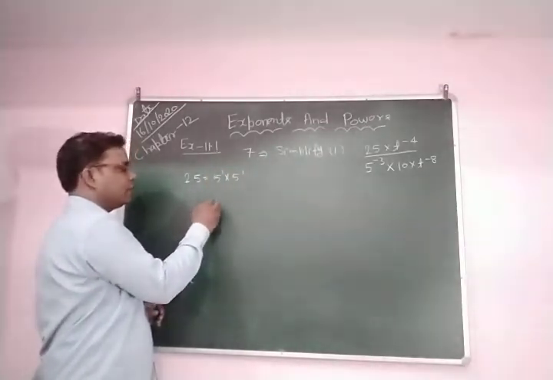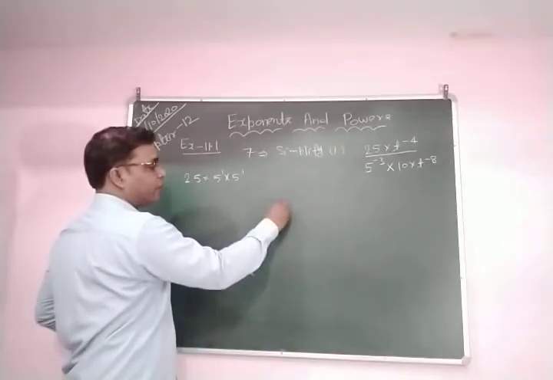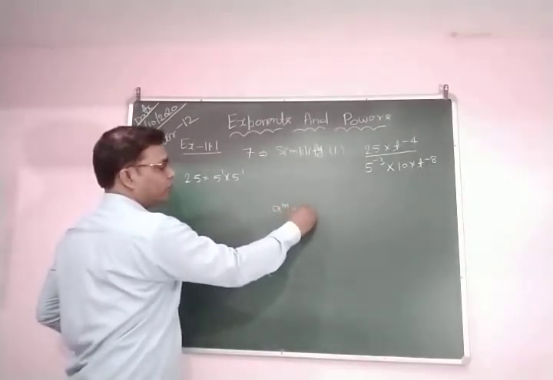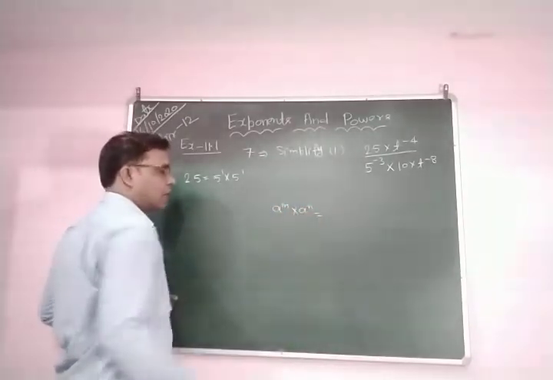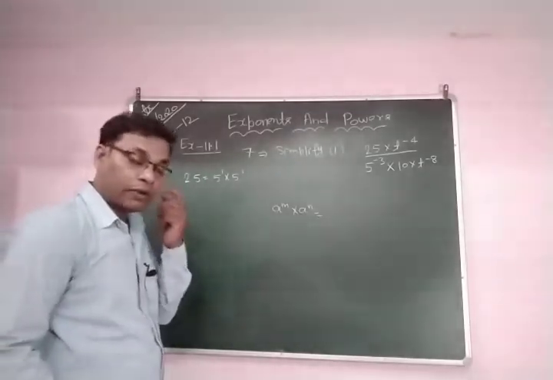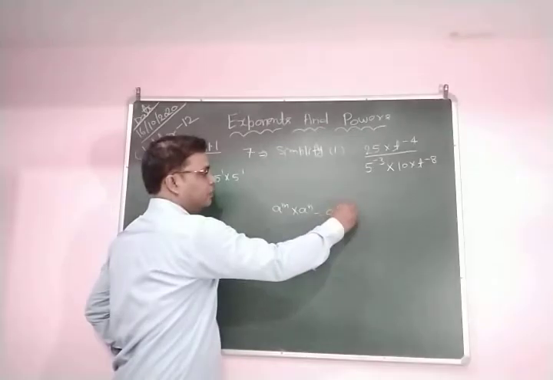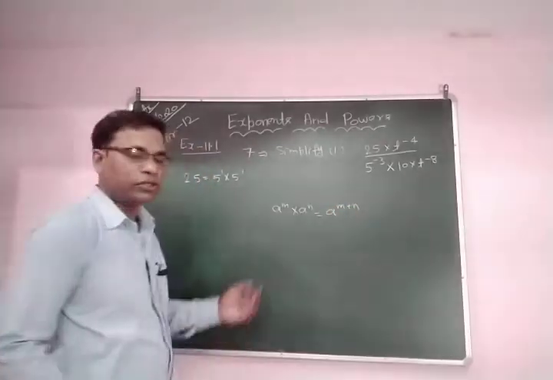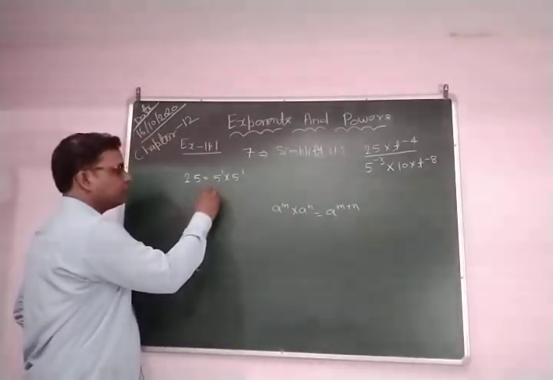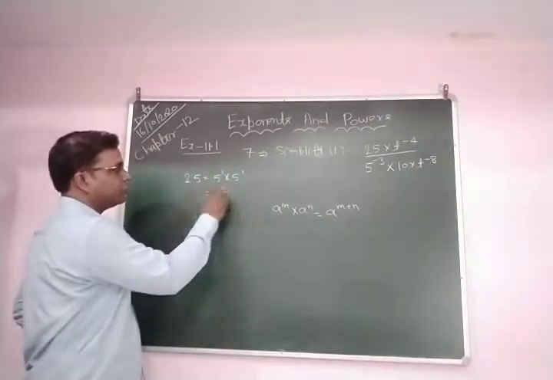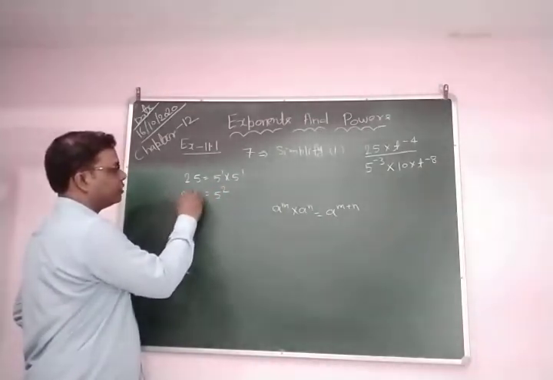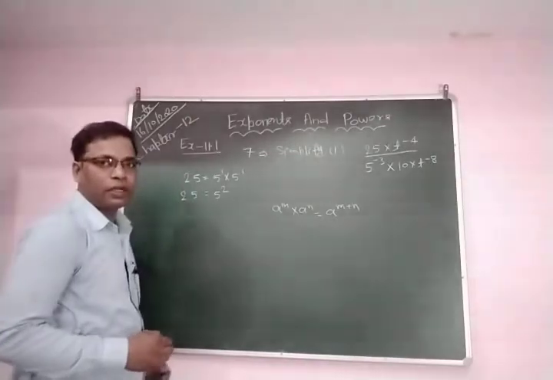You know very well, if a to the power m into a to the power n, the bases are same, then the powers will add. So it becomes a to the power m plus n. Similarly it becomes 5 power 2. It means that 25 is equal to 5 power 2.